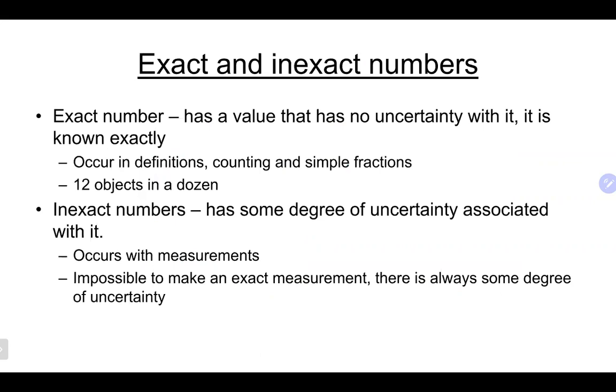So let's talk a little bit about exact numbers and inexact numbers. So exact numbers have a value that really has no uncertainty in it. It's known exactly. So in chemistry, basically we come across exact numbers in two places.